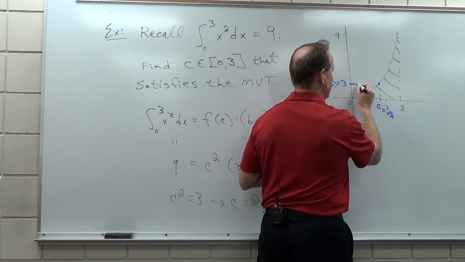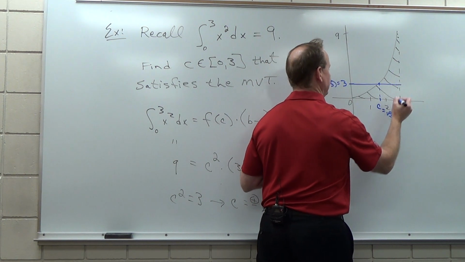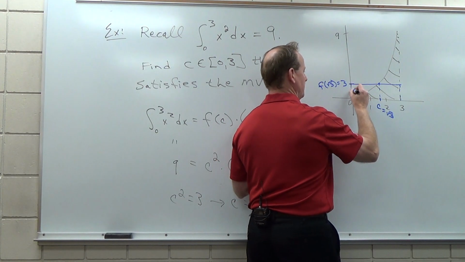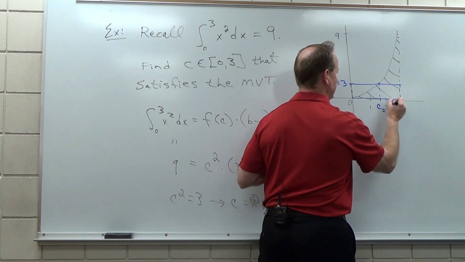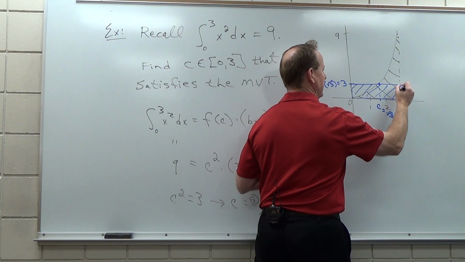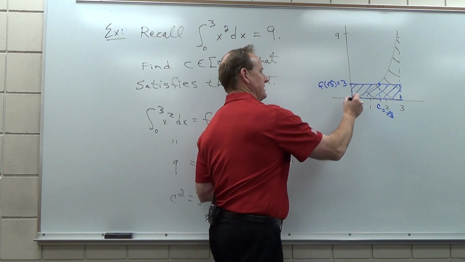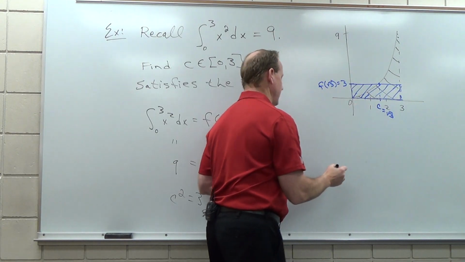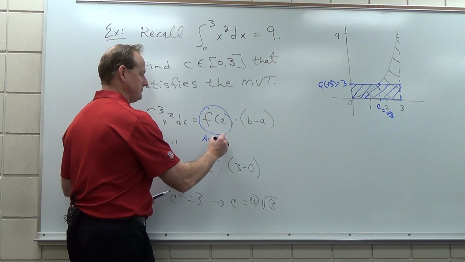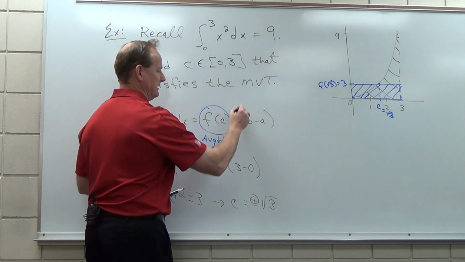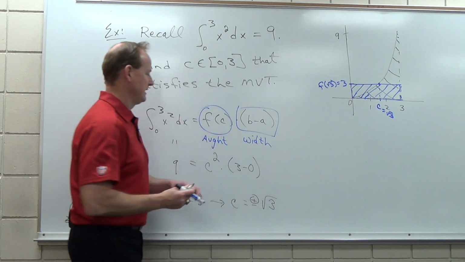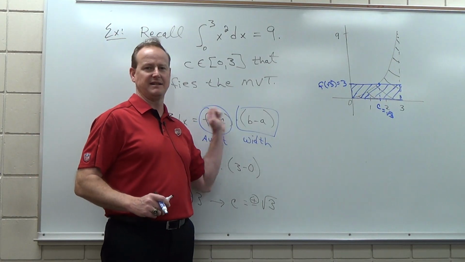But the reality is, if I take a height of f of the square root of 3, which is 3, and then I have this rectangle here, basically the definite integral from 0 to 3, which is, in this case, the area under that curve, that's going to be the exact same as the area of this rectangle, where basically we look at f of c as the average height times the width of the bottom there.